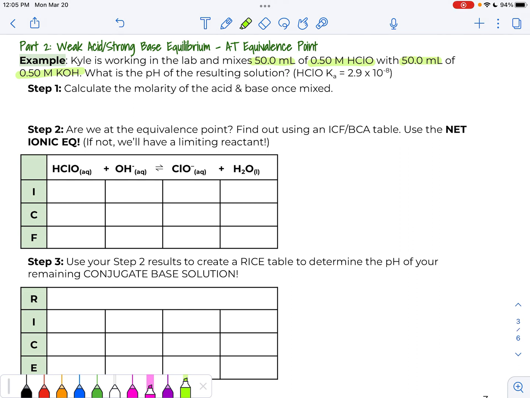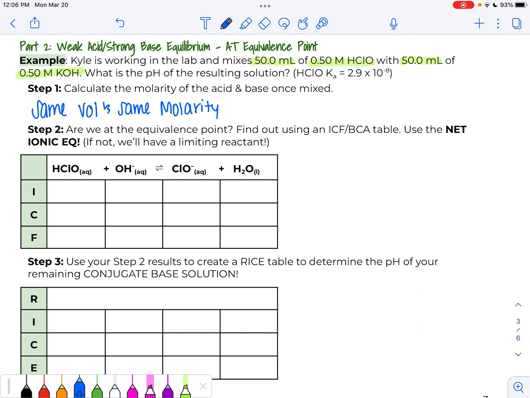So without actually writing any math down, just try to do this in your head. What is this actually going to look like? We have the same volume and we have the same molarity. So what is this going to look like if we plugged it in?